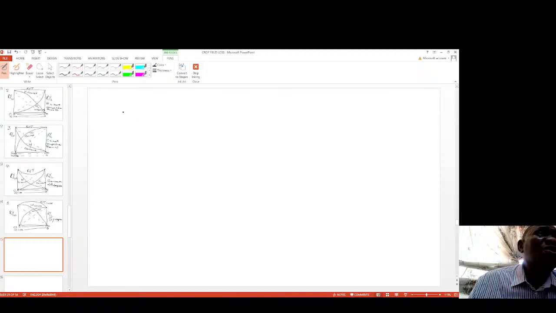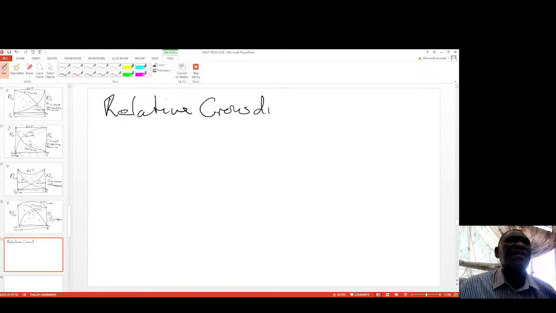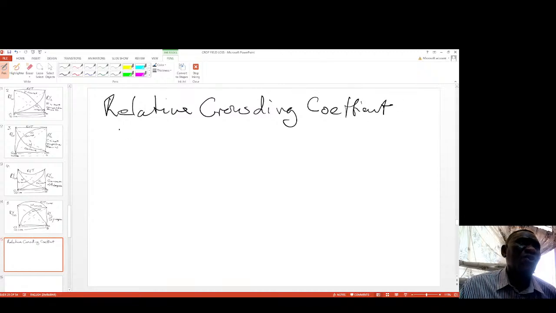We can also use the relative crowding coefficient, or RCC.